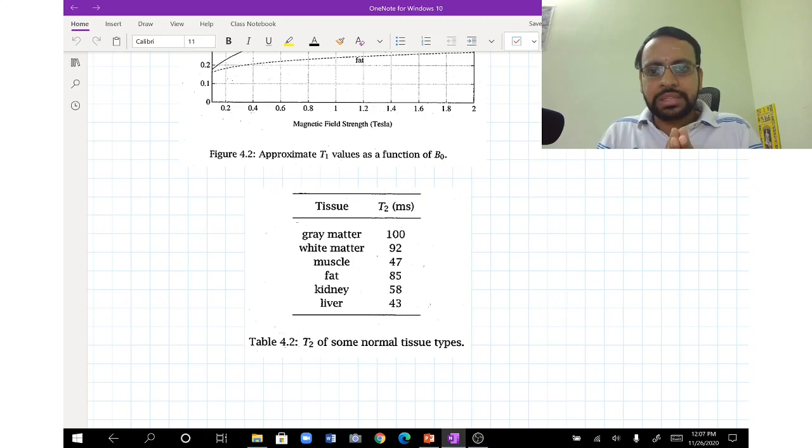It is very sensitive to the kind of material that you have, and it's much faster. You could see here for gray matter, let's say, 100 milliseconds, white matter 92 milliseconds, and liver 43 milliseconds. So it's some order of milliseconds.